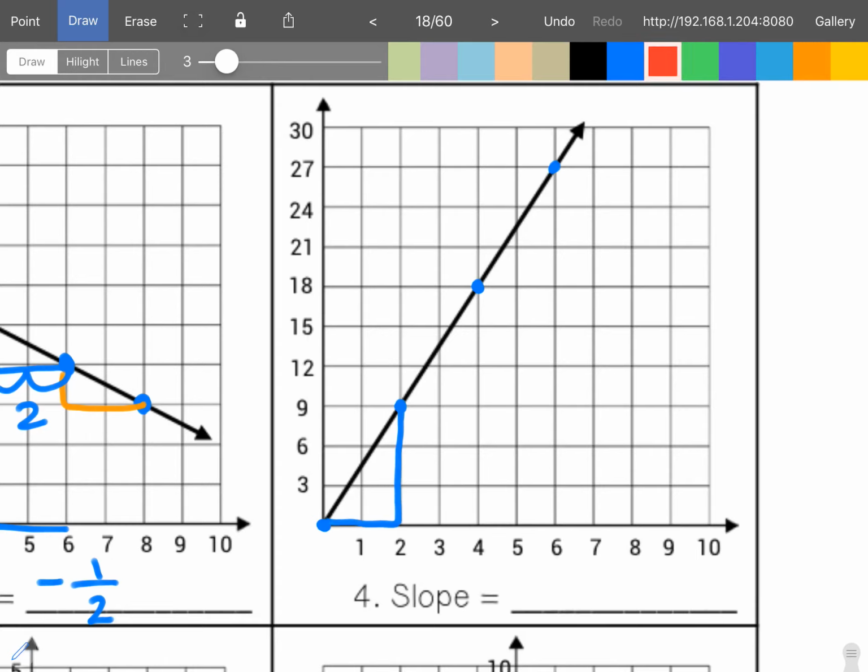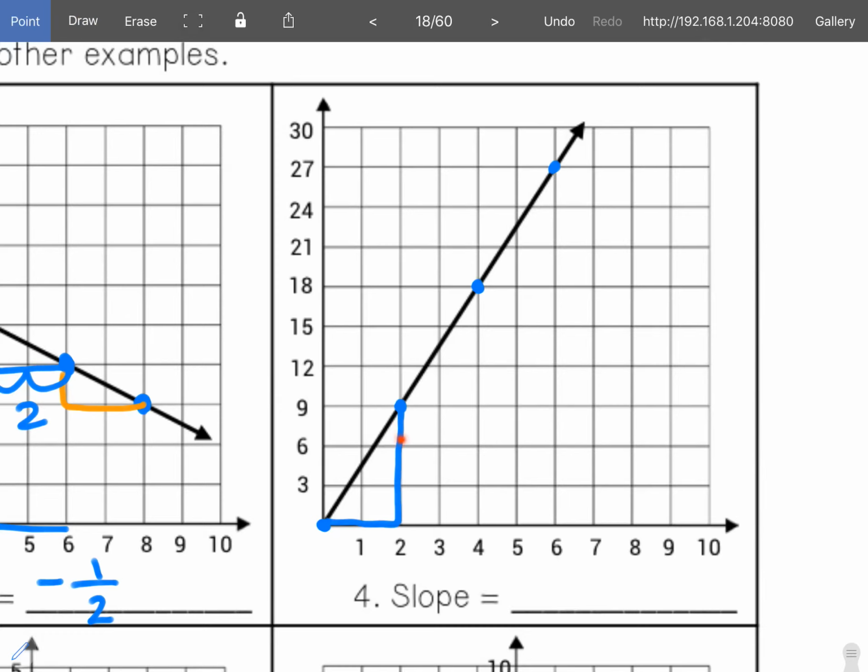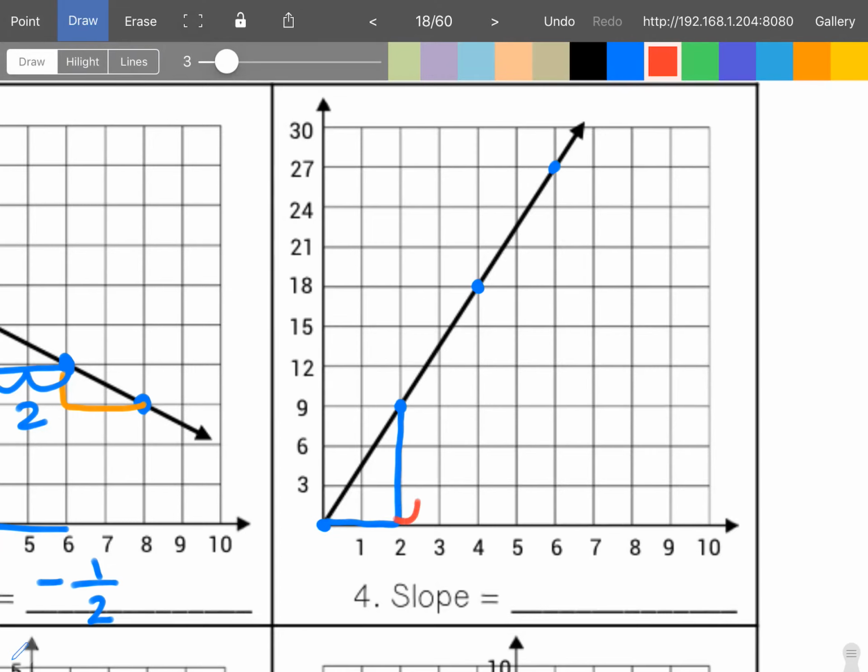So if I want to look at the rise first, remember I've got to come over here and look at what I'm counting by. So this is counting by 3. See, 3, 6, 9. So it's not really 1, 2, 3 blocks. If we look over here, it's 3, 6, 9. So even though it looks like 3, because it's counting by 3s, this is 9.